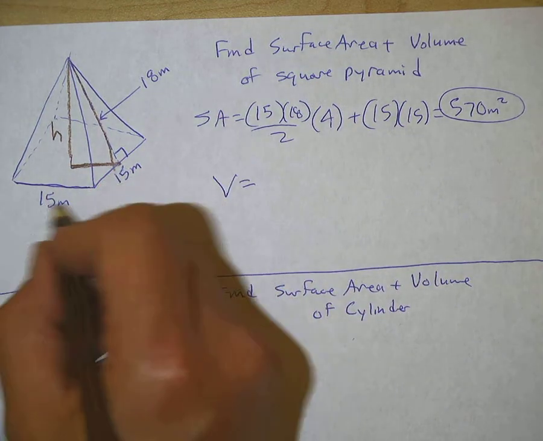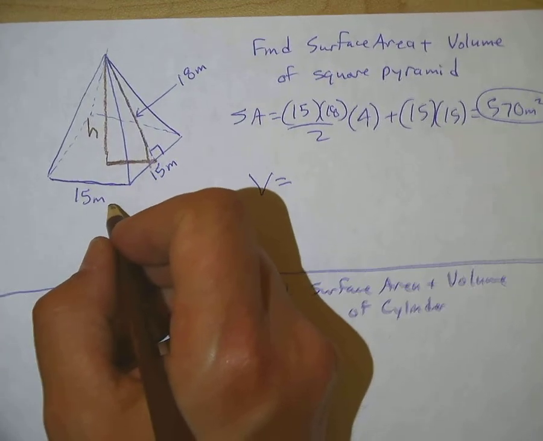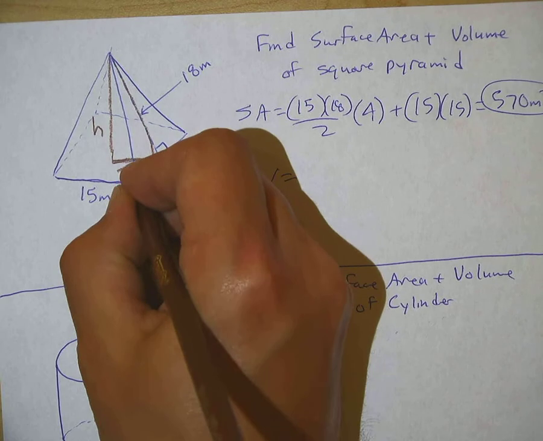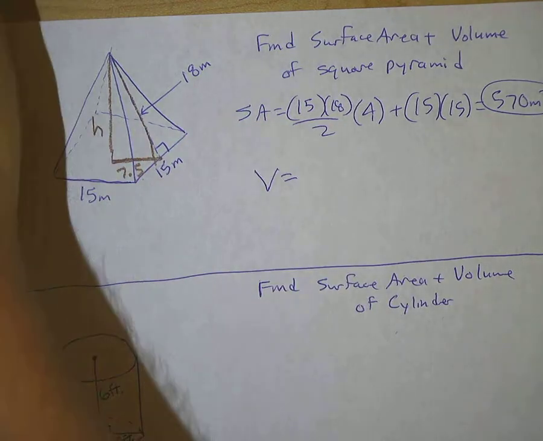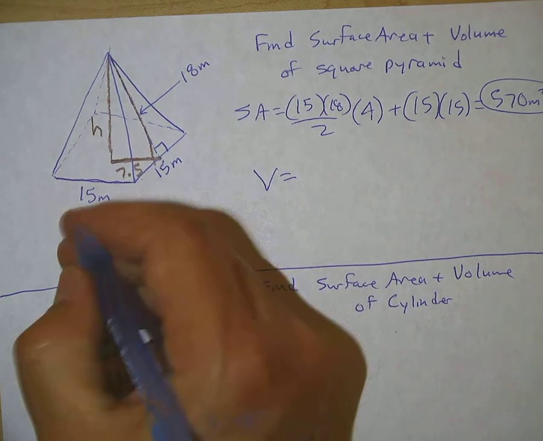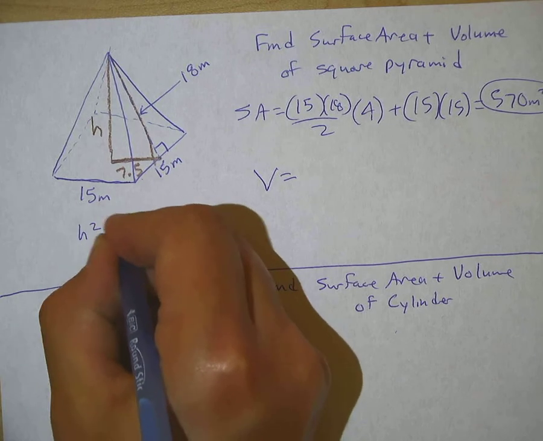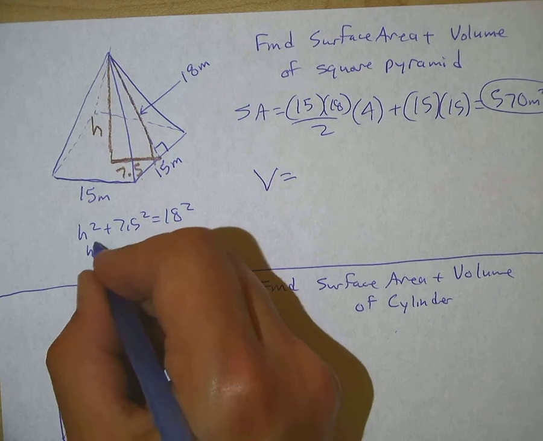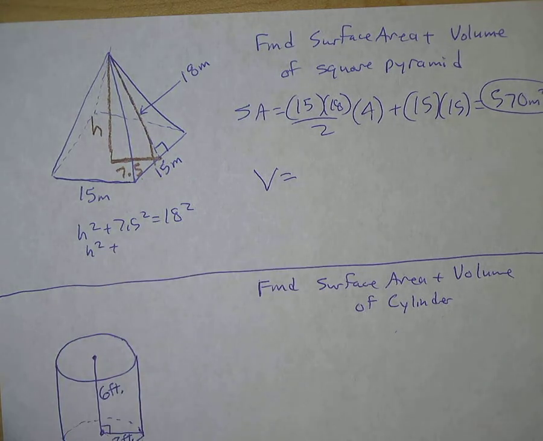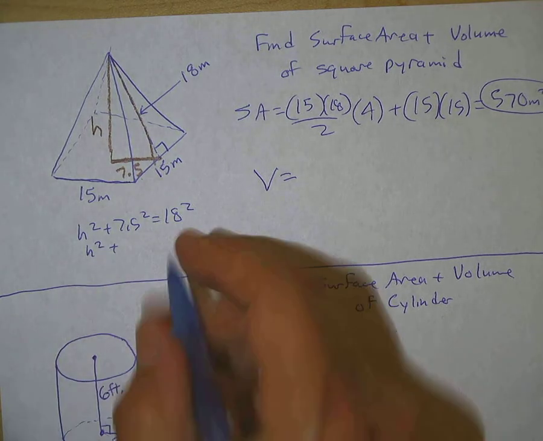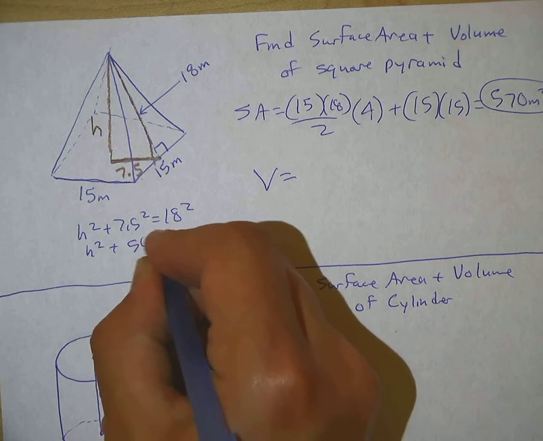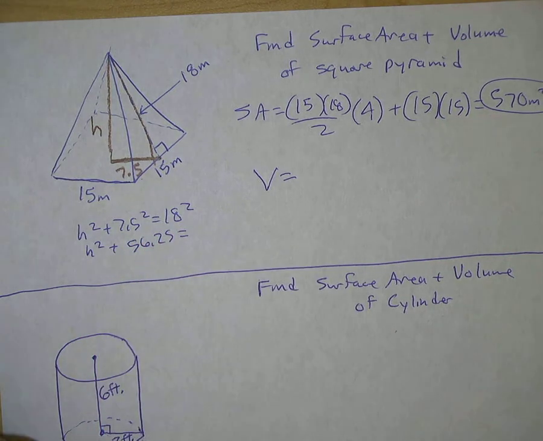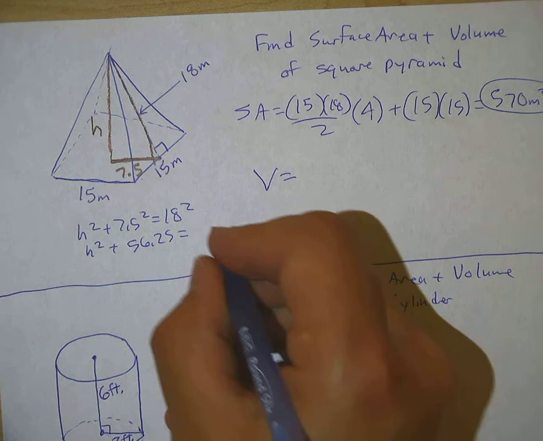And I take half of 15, which is 7.5. So h squared plus 7.5 squared equals 18 squared. 7.5 squared is 56.25. 18 squared is 324.